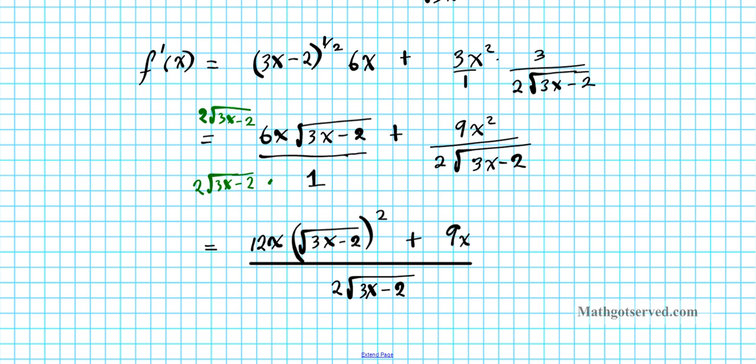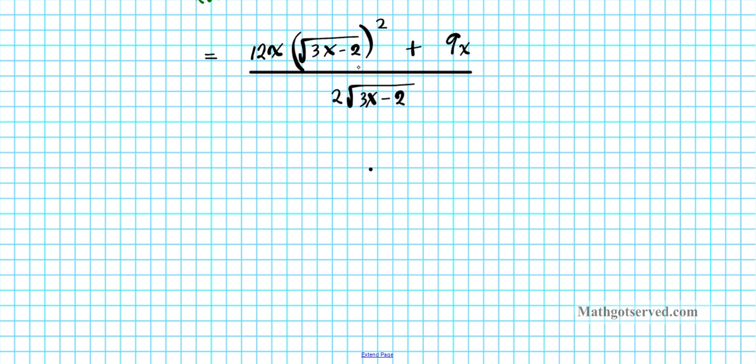Alright? Okay, now let's simplify further. The square and this square root cancel out. Okay? And if they cancel out, we're going to have 12x multiplied by 3x minus 2 plus 9x. And that whole thing, we're going to divide by 2 root 3x minus 2.